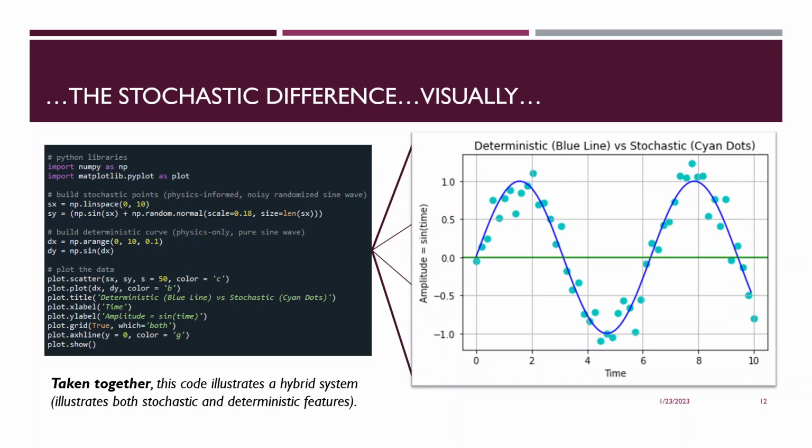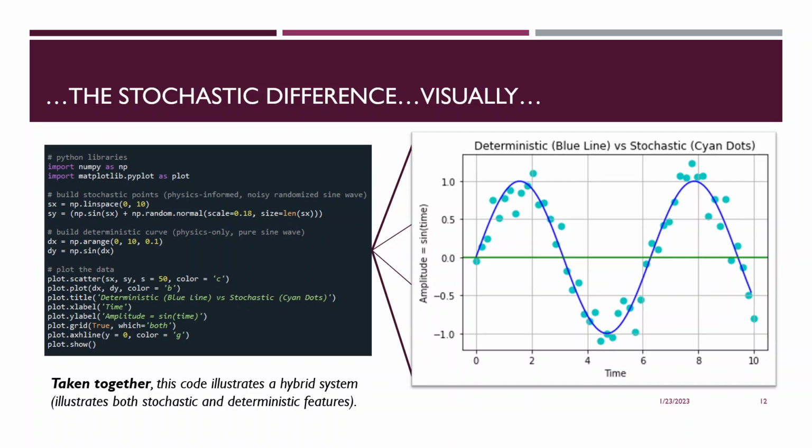But what I can do is I can overlay random points that follow or approximate that deterministic line. So there's the blue cyan dots. That's a stochastic process because it approximates. It's following the line, but it's approximately following the line.